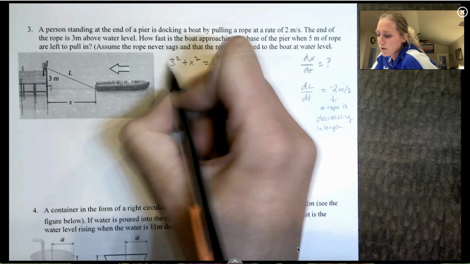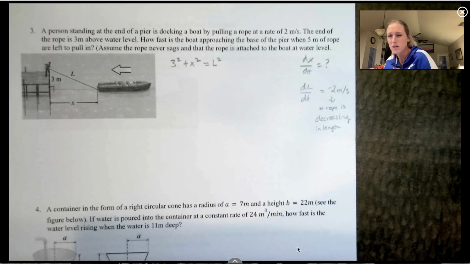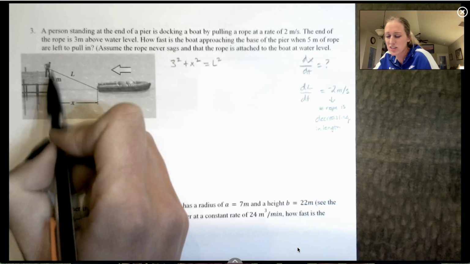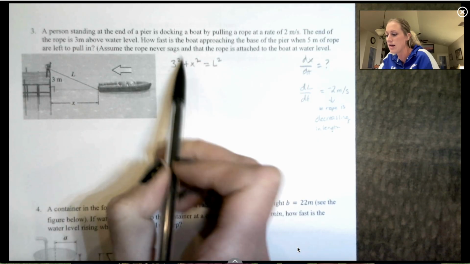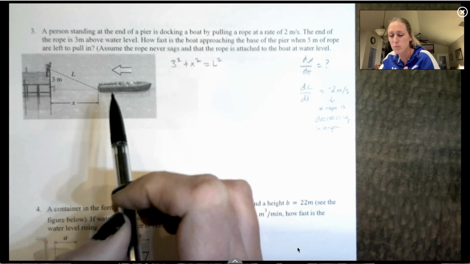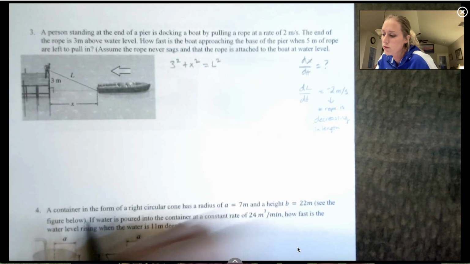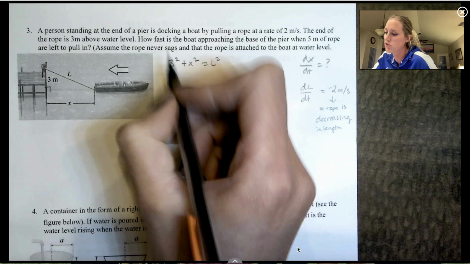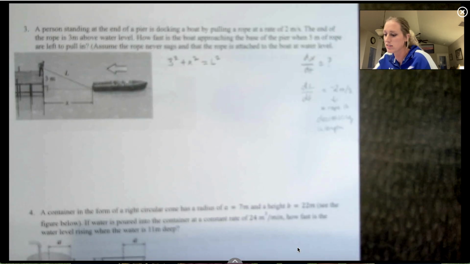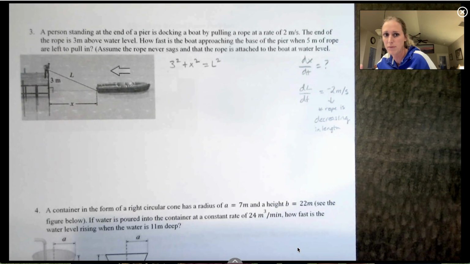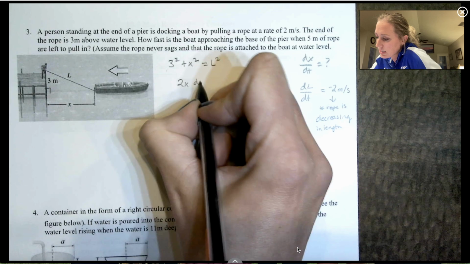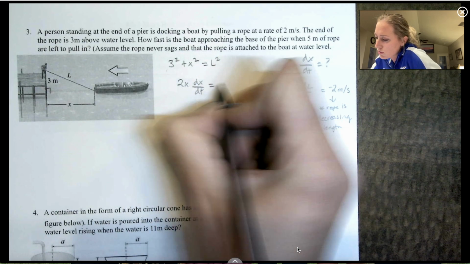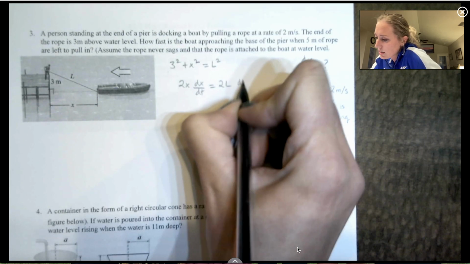I put 3 in right now because I don't have any rate at which this is changing, so I won't need a dy/dt. This is fixed, and when I take the derivative it just goes to 0, which is great. So this turns into 2x dx/dt equals 2L dL/dt.